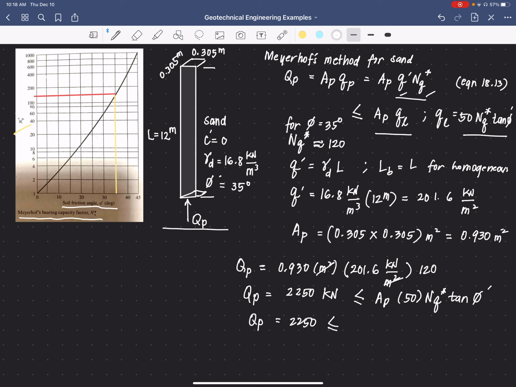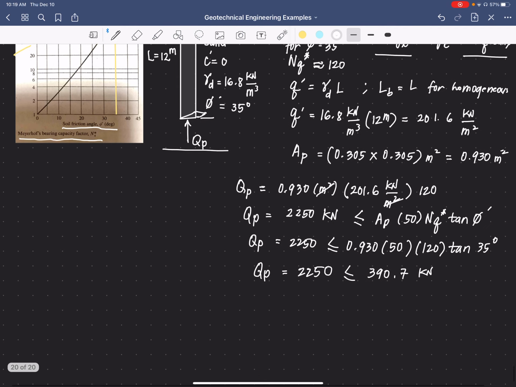A sub P is 0.093. We have 50 here, N sub Q is still 120, and tangent of 35 degrees. So if you calculate this one, the value is 390.7 kilonewton.